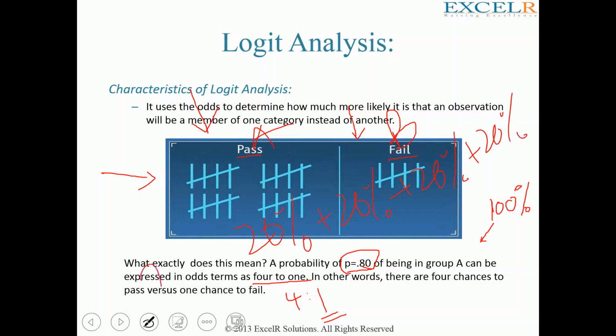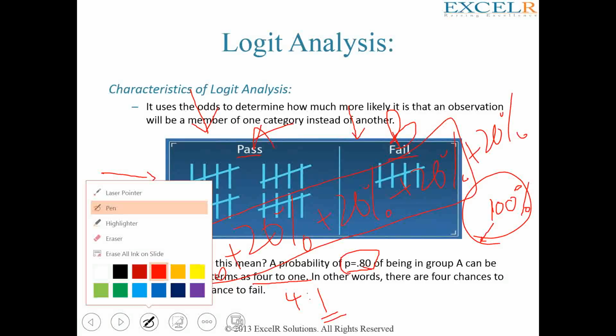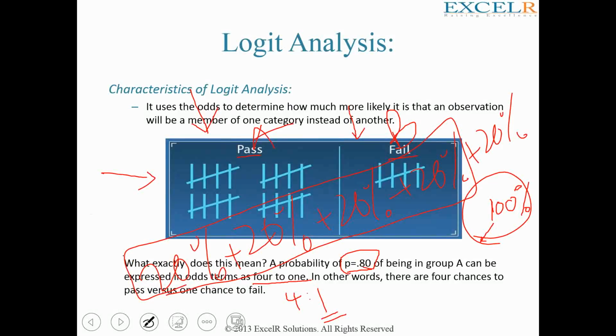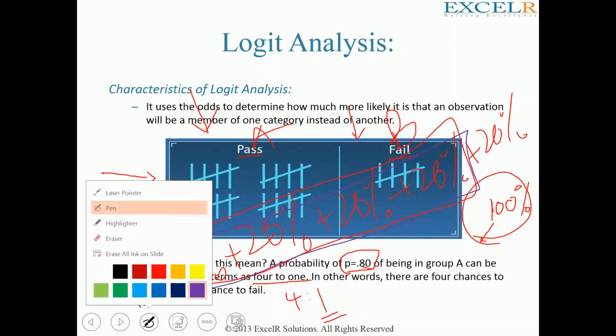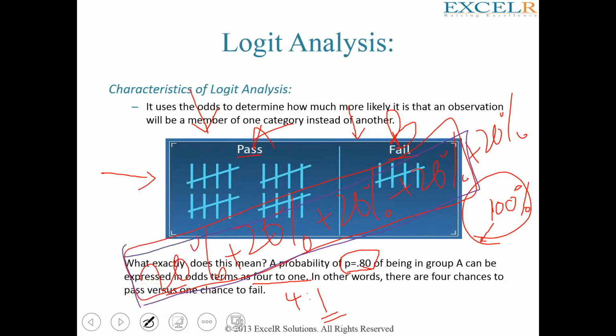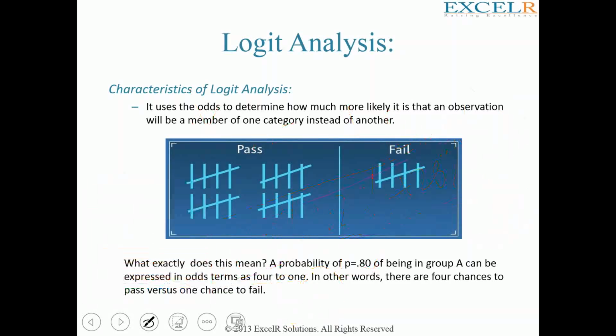So if we have 5 parts of 20% and sum those, it would translate to 100%. When I say probability of 0.8 or 80%, that means I'm considering all these 4 things, hence you call it 4 parts. And you have 1 part here. So 4:1. Is this clear?